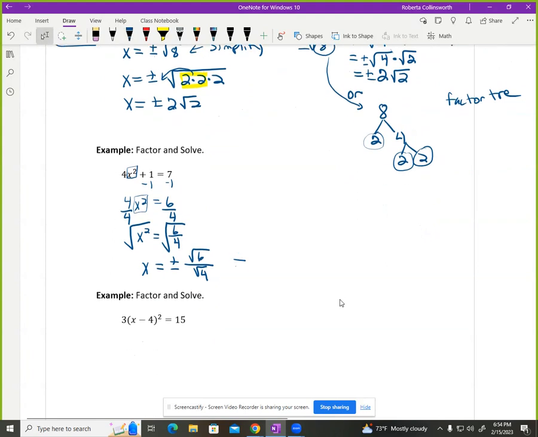So I know that that's going to be equal to plus or minus the square root of 6 over 2, because the square root of 4 is 2. So that is what x is equal to. Now we don't ever want to leave a square root sign in the denominator. So if that comes up again, then we'll rationalize the denominator and I'll show you how to do that.